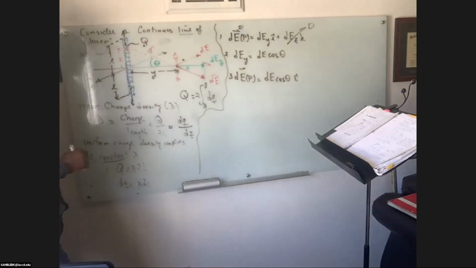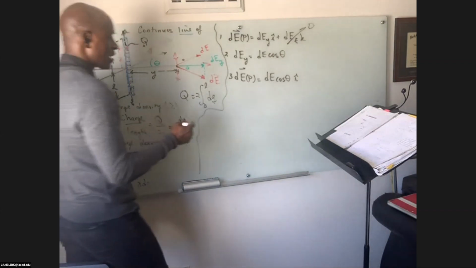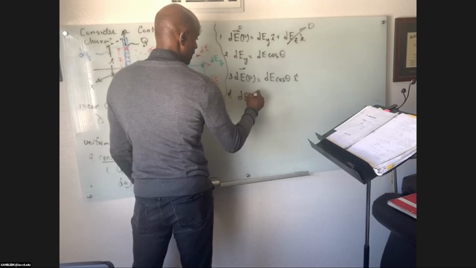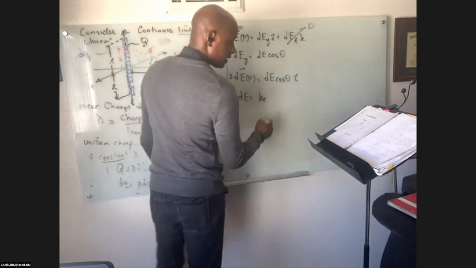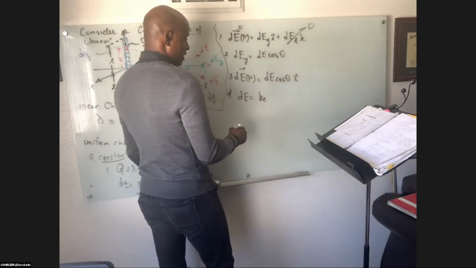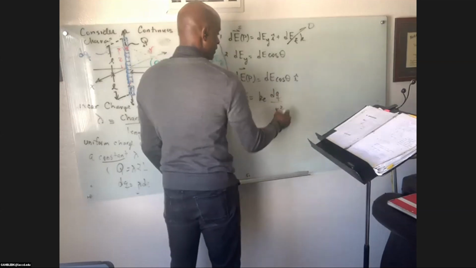Now, dE, what is that? Using Coulomb's law, I can just write it down. I'll do it separately first. dE is equal to k_B, and we have to use that integral form: dq over r squared.